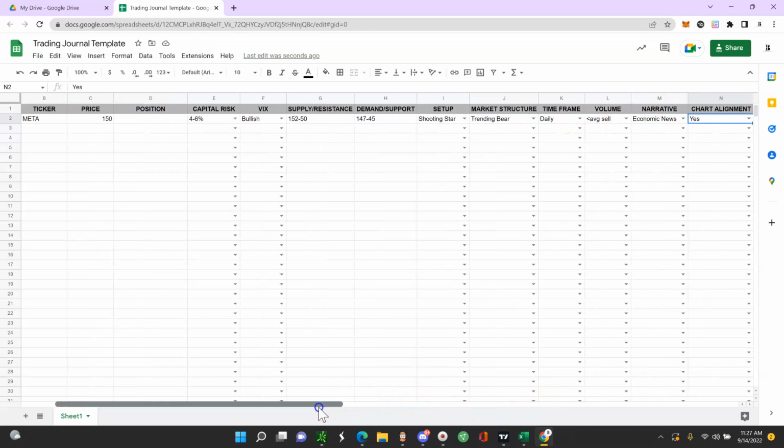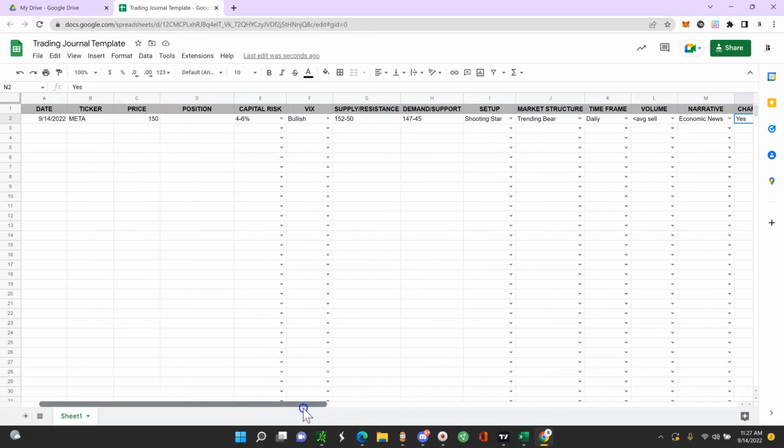So then I go back and I say, okay, how many confirmations do I have? So Facebook is trading at 150. That puts it right at supply, so that's one confirmation. VIX is bullish, well, that's one confirmation for a bearish case. VIX is bullish, that's another confirmation for a bearish case.